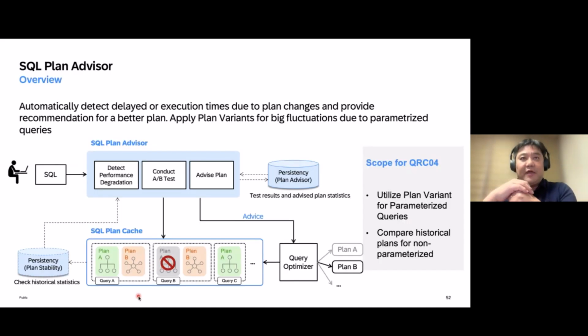To recap, the SQL Plan Advisor detects any performance degradation executing within the HANA Cloud environment. Once it is detected, it reports to an administrator that such a degradation has been detected.